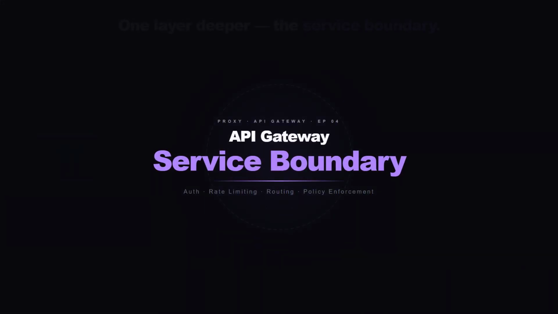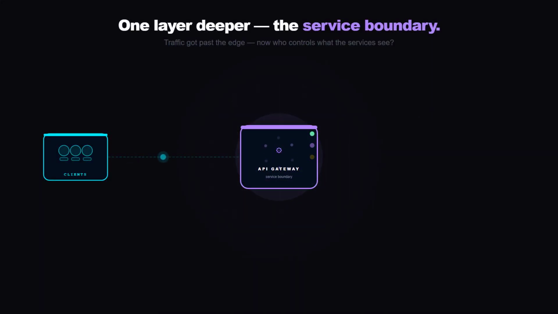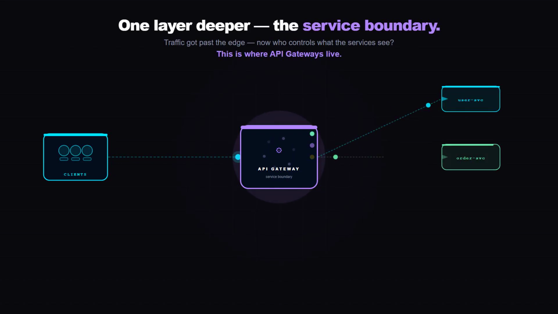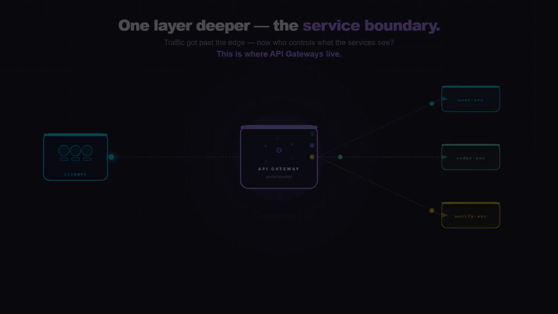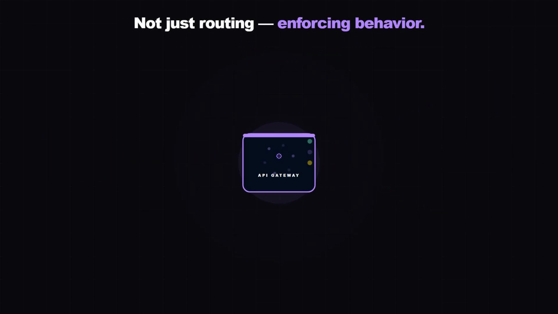Now let's move one layer deeper, because once traffic gets past your edge, most teams try to regain control here. At the service boundary, this is where API gateways live. An API gateway sits in front of your services, not just routing traffic, but enforcing how that traffic is allowed to behave.